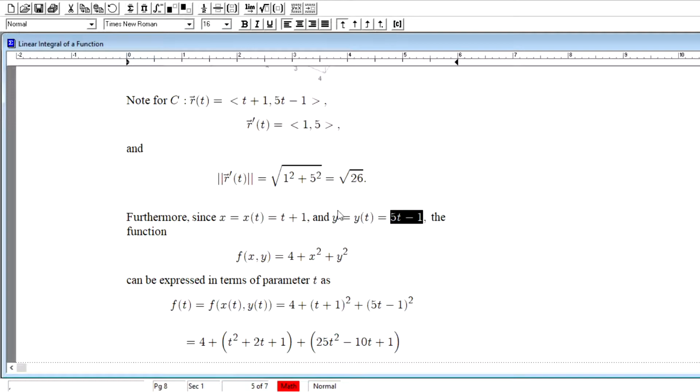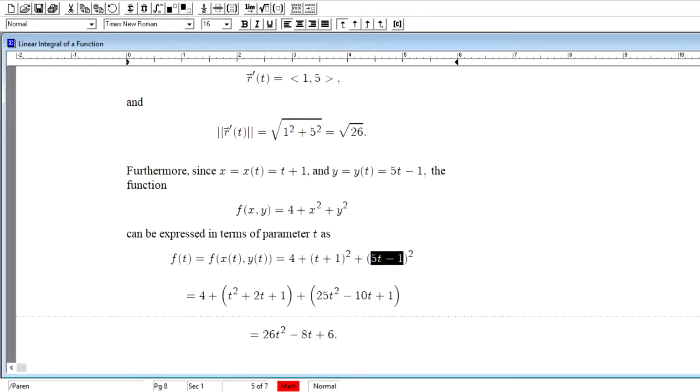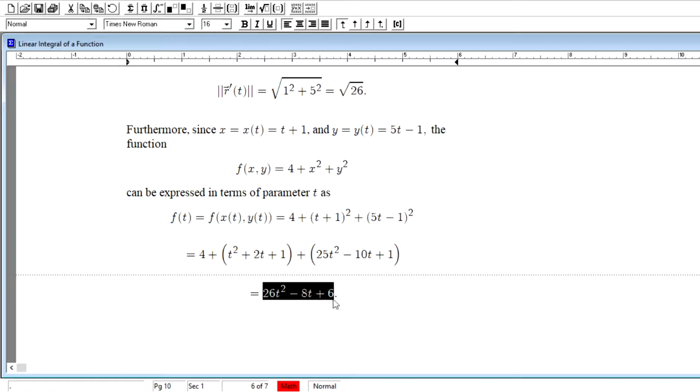If I substitute t plus 1 in for x and 5t minus 1 in for y, I will prepare this statement here, where with the expansion of these binomials being squared, that statement can be simplified into the quadratic in terms of parameter t given by 26t squared minus 8t plus 26, where this is going to become the other factor in our integrand, the factor representing function f expressed in terms of parameter t.